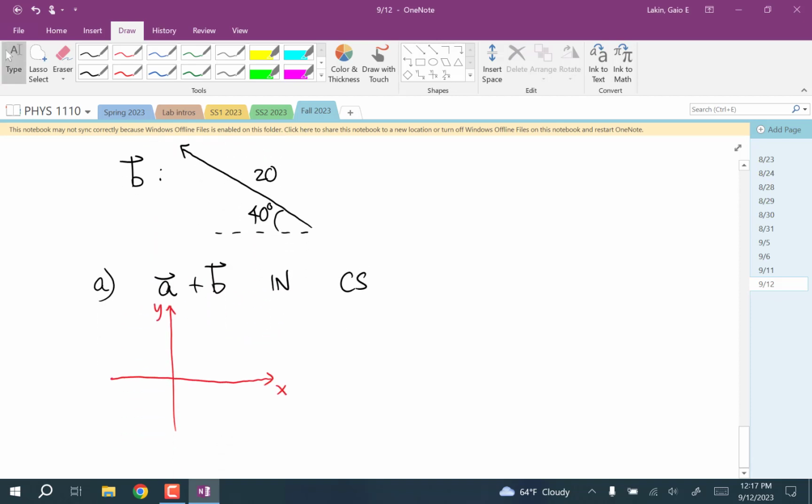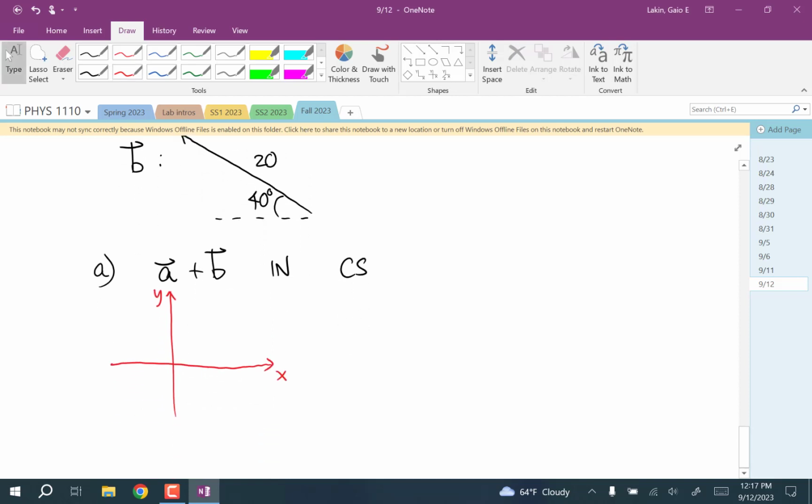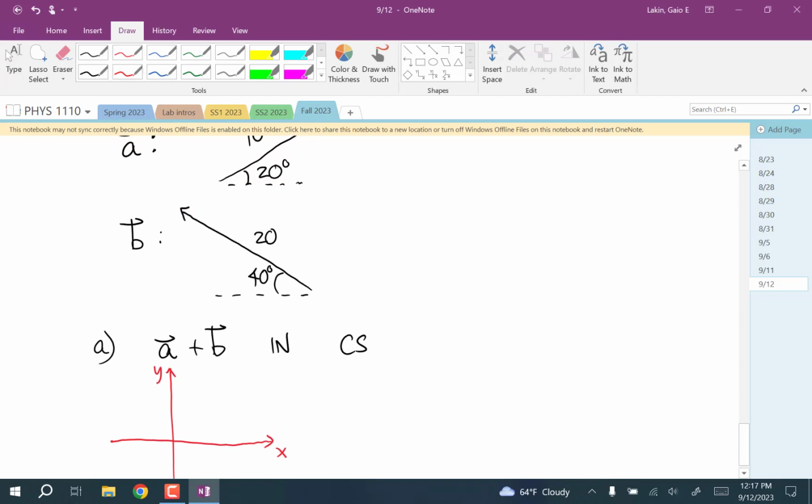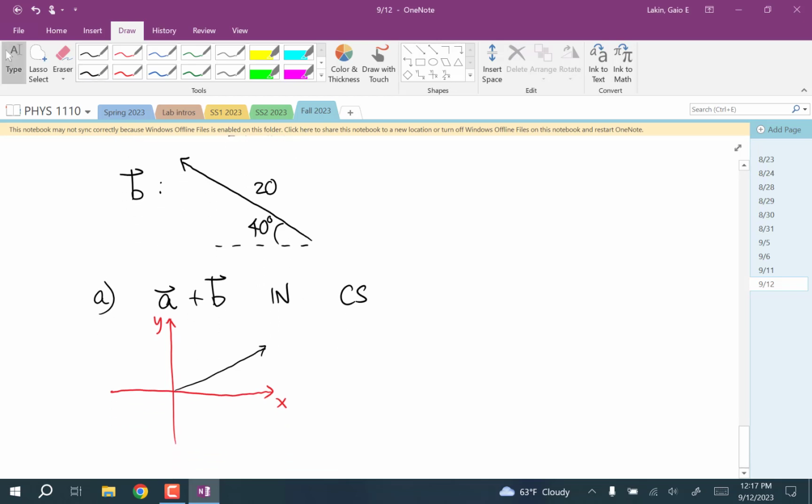So the first thing we're going to have to do is calculate the components of each of these two vectors in this coordinate system. A looks like this. B looks like this. We know that this angle is 20 degrees and this angle is 40 degrees.